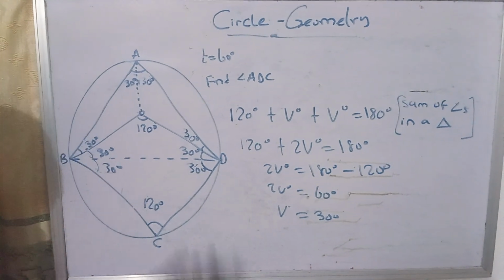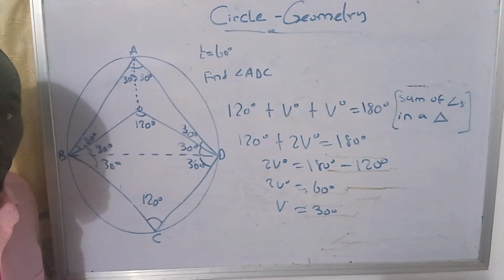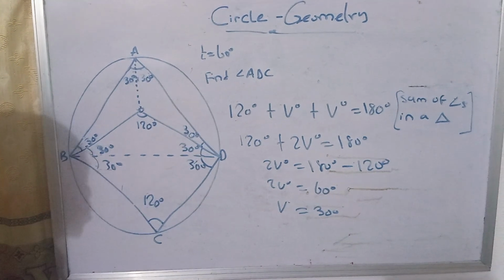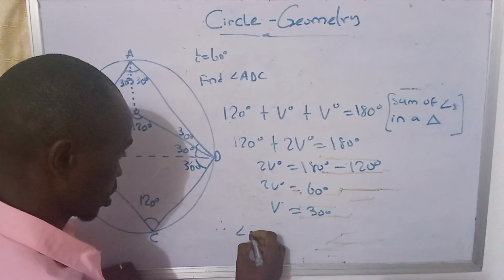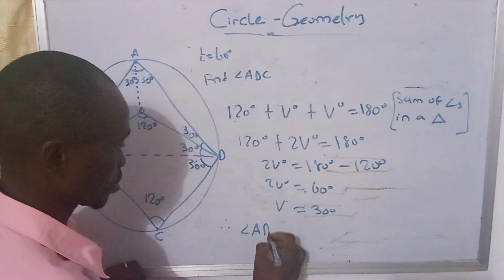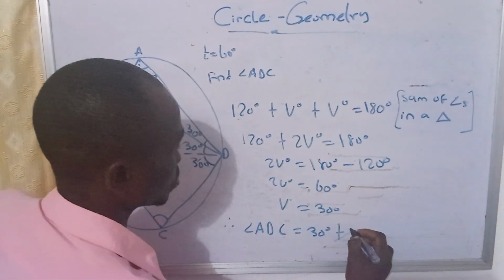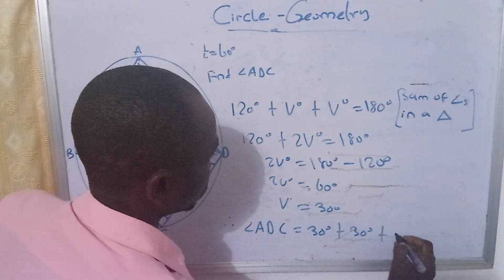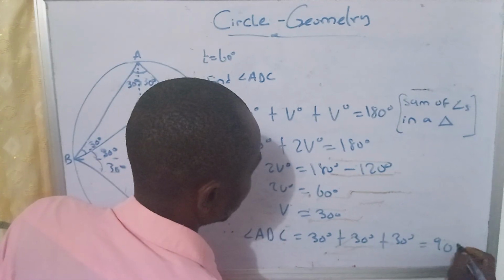So we have gotten our three angles that sum up to form angle D, that is angle ACD. Therefore, angle ADC equals what? 30 degree plus 30 degree plus 30 degree equals 90 degree.